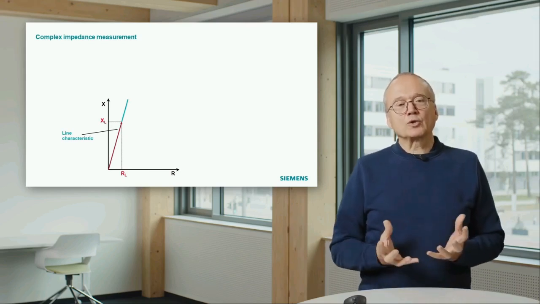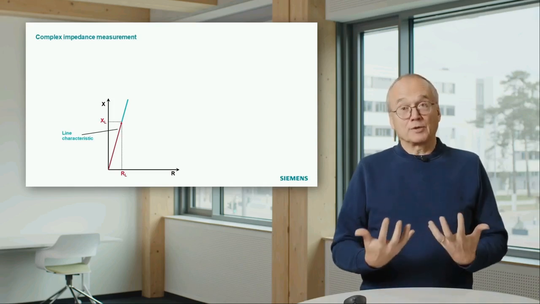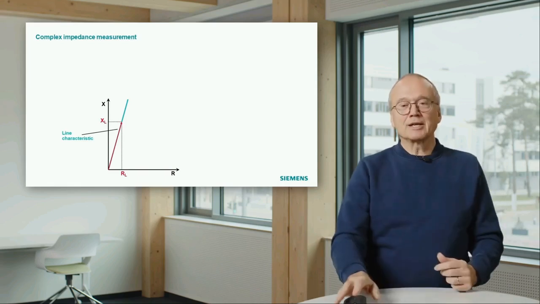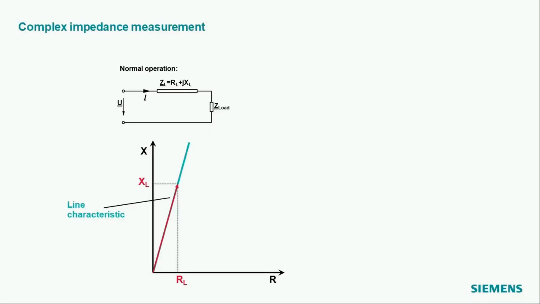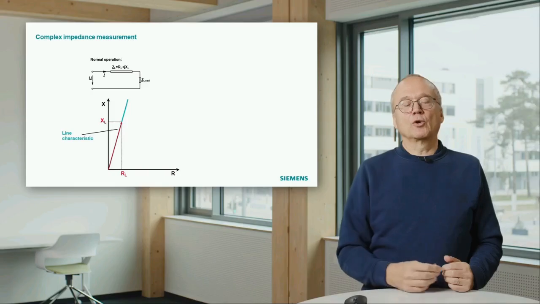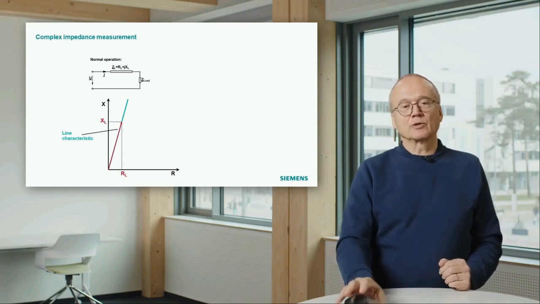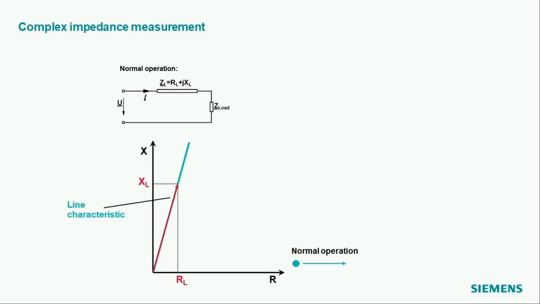So now what is going to happen if the distance relay measures the impedance all day long into the line? If we have normal operation, the distance relay also measures a complex value with a resistive and a reactive part. If we have real power flow on the line, the impedance we measure is mainly a resistive impedance, and it is somewhere here where I indicate normal operation.